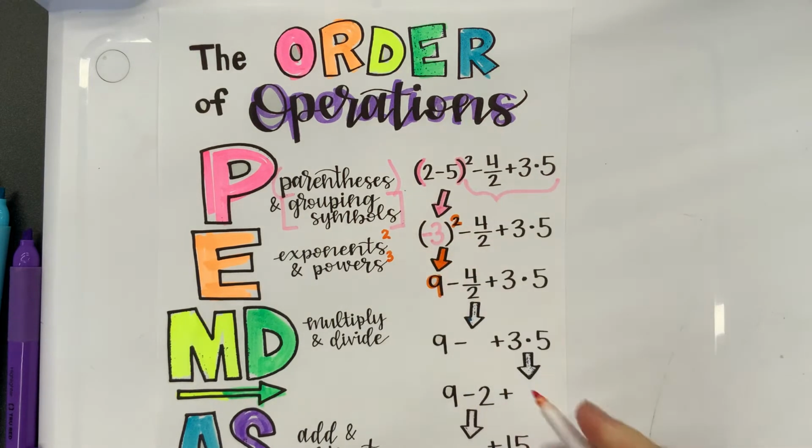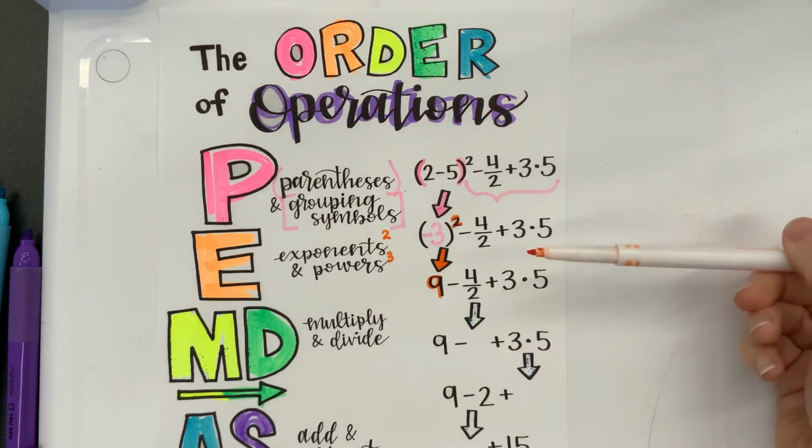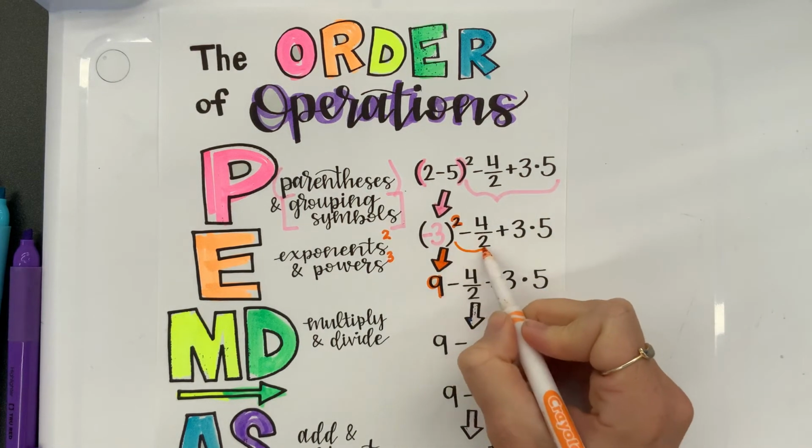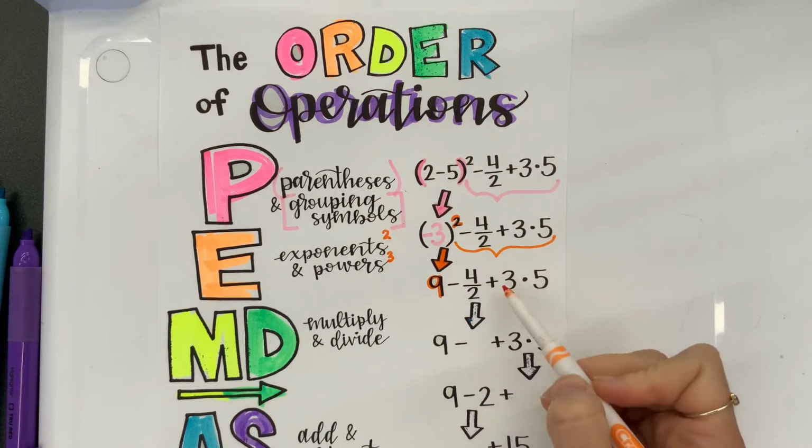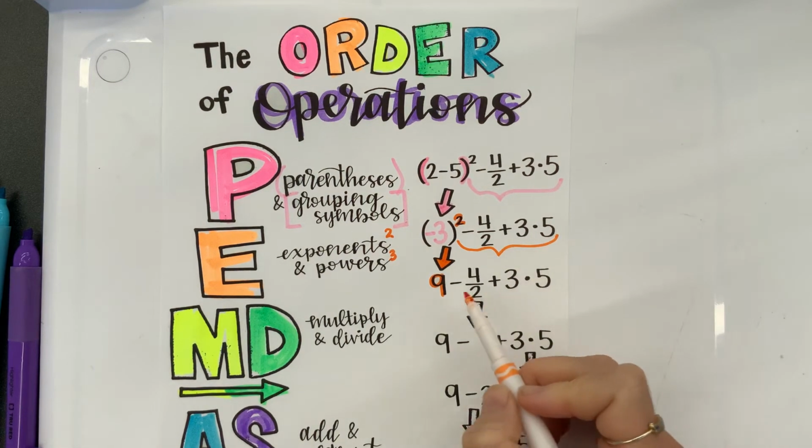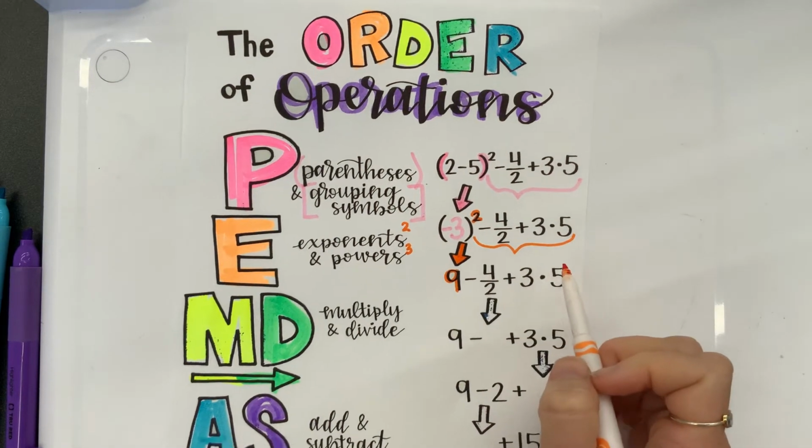We haven't gone over exponent rules or multiplying with negative numbers rules yet, so that may not make sense to you right now, but it will when we get there. Then again, I am going to bring down the whole rest of that expression, and I'm going to rewrite it below, like so.